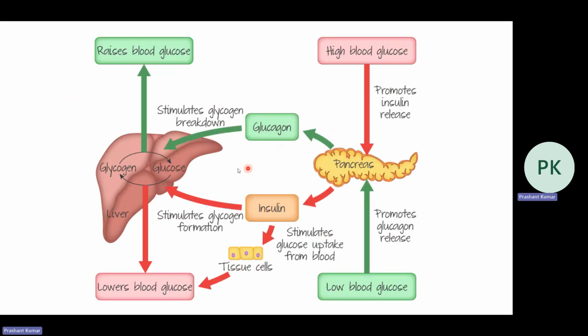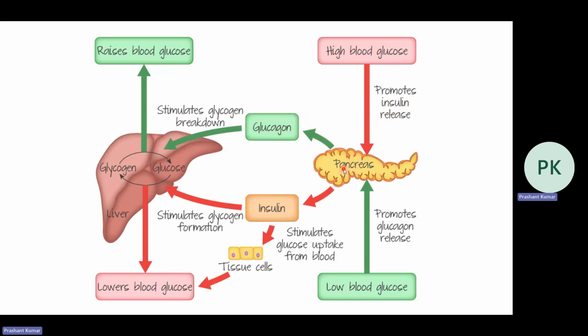So this is the diagram which shows how the blood sugar is maintained. Let's try to understand this whole thing using the arrows. Let's see the red arrow. High blood glucose, right? High blood glucose means immediately after a meal. High blood sugar will promote insulin secretion.